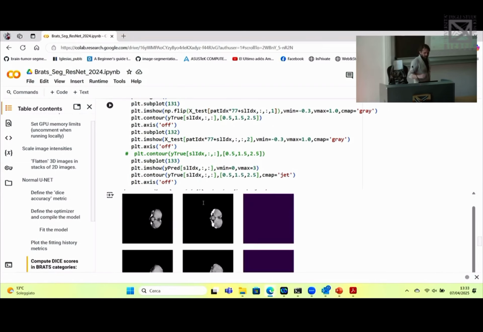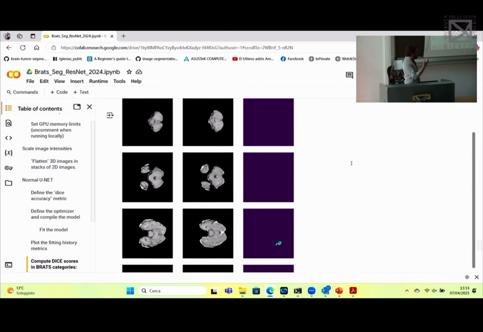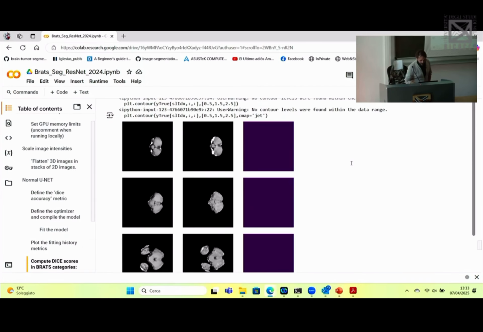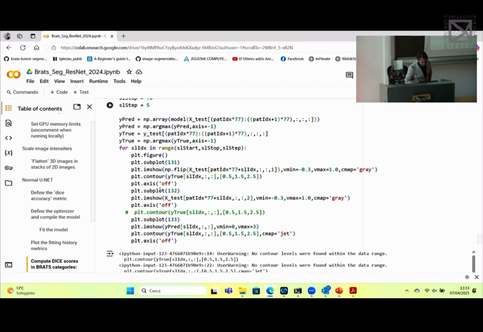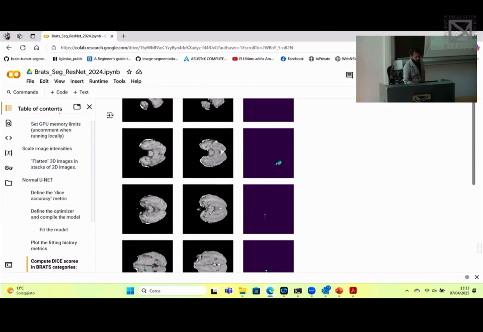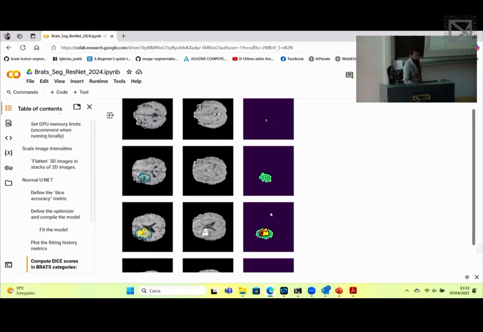Here, as I always recommend, take a look at the results, a really visual look at the results. We are working with images. And here I'm plotting the predicted segmentation as compared with the true segmentation, which is the contour.